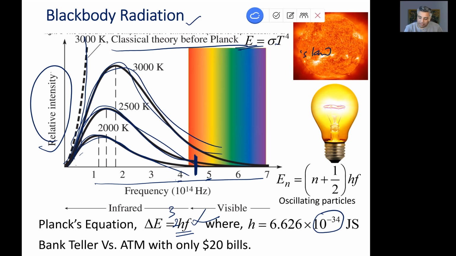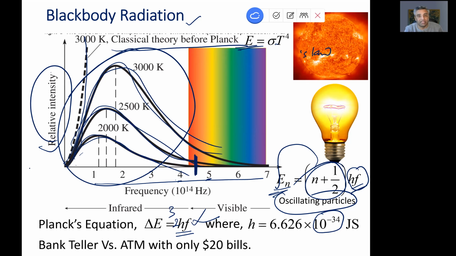So that's the quantization. It's just discrete values, that's all it means. Any oscillating particle has energy that is some integer multiple of h times f. That's how it was used to derive this relationship that gave this kind of plot and verified this experiment, okay? What you want to take out is that a quantum of energy is given by hf.